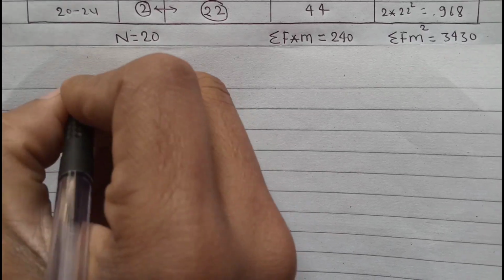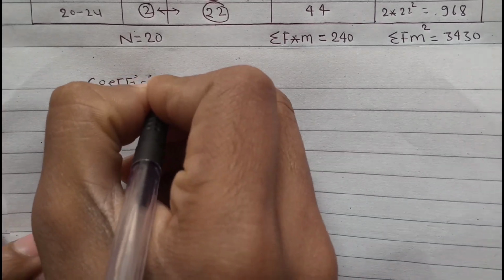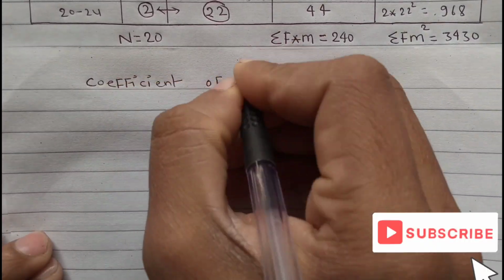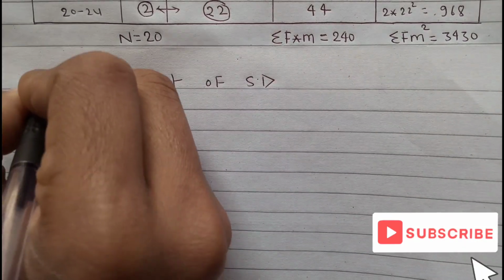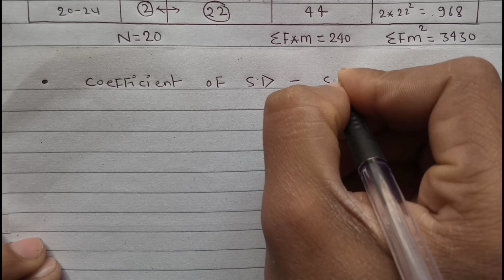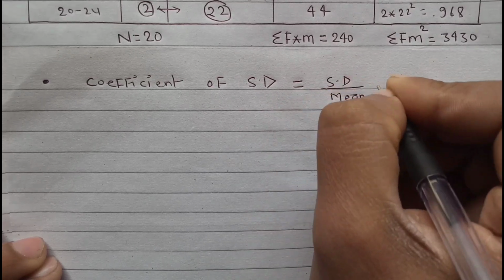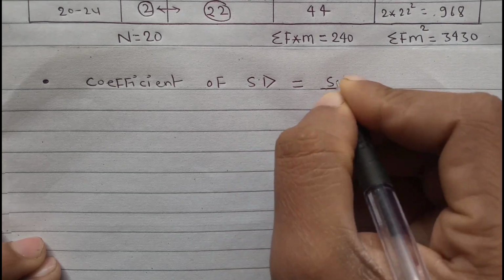Now we have to calculate the coefficient of standard deviation. The formula of coefficient of standard deviation is standard deviation divided by mean. What is the value of standard deviation?